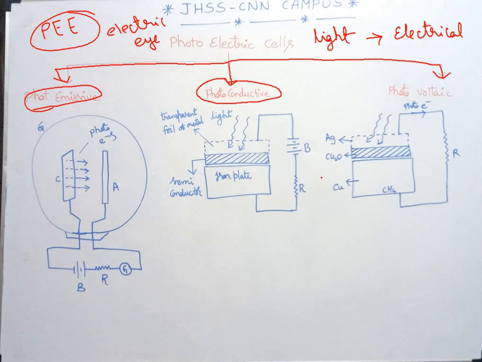What is the primary difference you might have noticed? Yes, there is no battery at all. Look here, for this also there is a battery, for this also there is a battery externally. But for this we don't have one. So this is like a source.